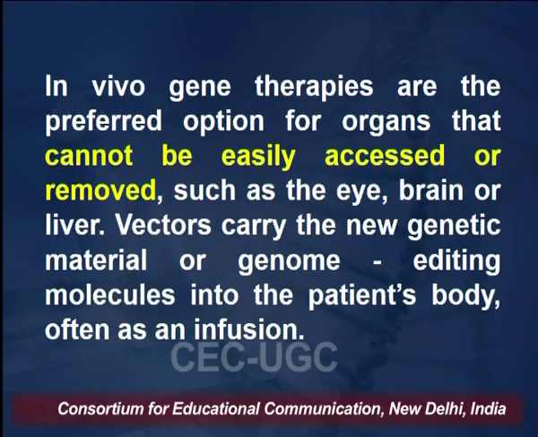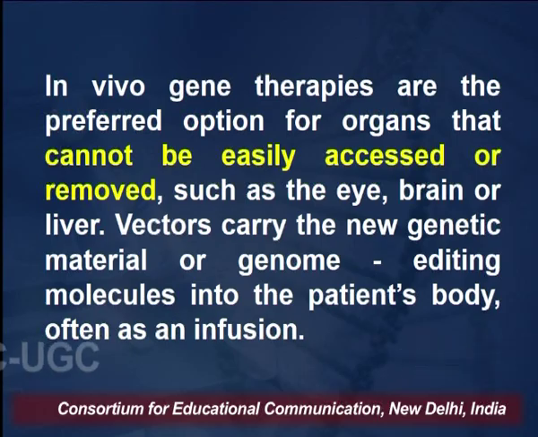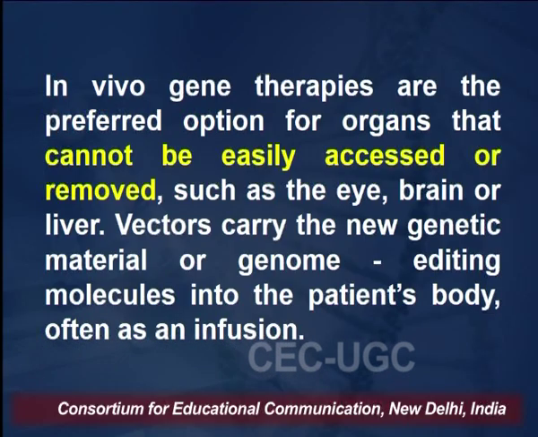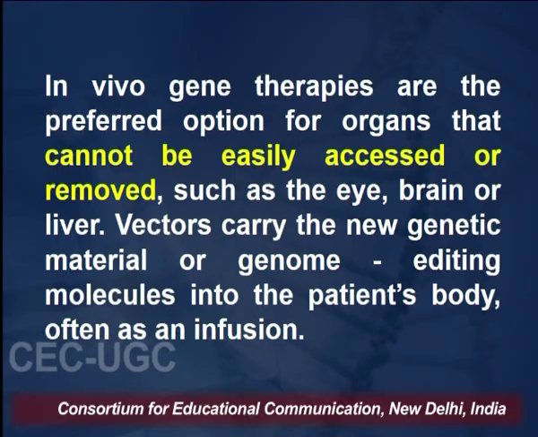The vectors carry the new genetic material or genome editing molecules into the patient's body, often as an infusion. So they can inject, they can infuse, they basically introduce them into these particular organs containing the in vivo gene therapies.